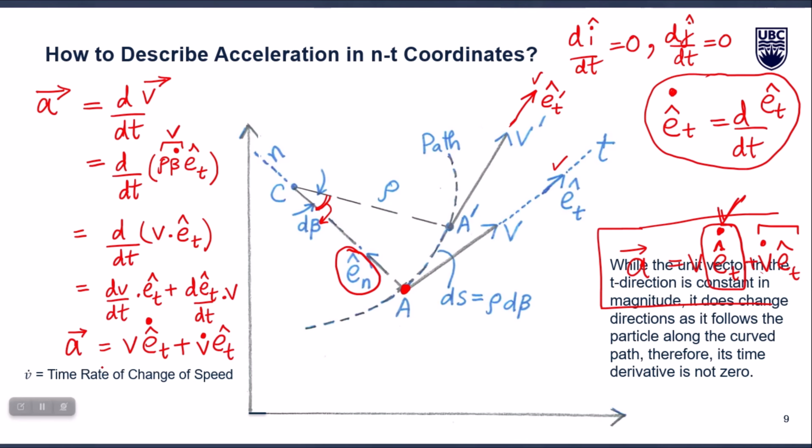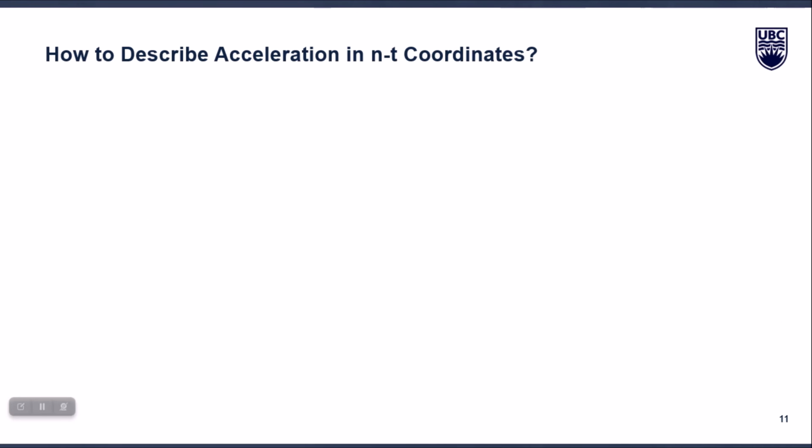This equation at the bottom. So we have determined this quantity now, right? We can put this quantity in our acceleration equation. The acceleration vector is equal to, actually it was e sub t dot plus v dot e sub t.